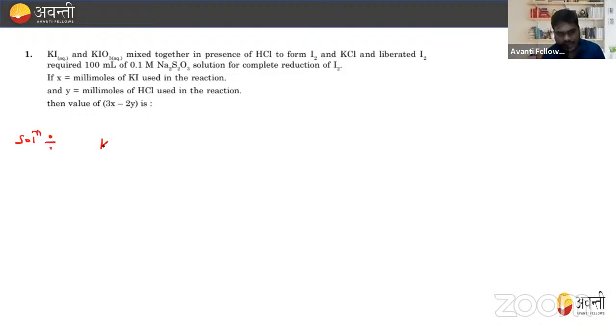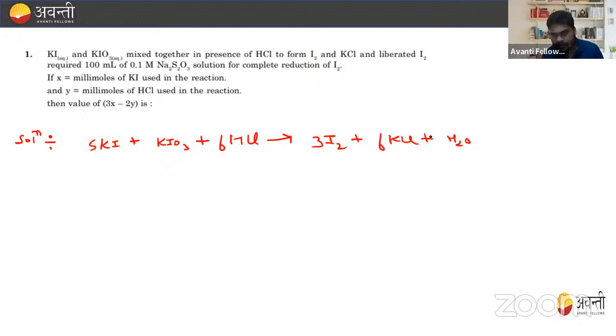When the KI is treated with KIO3 plus some amount of HCl, it will give I2, KCl, H2O. Let me write the stoichiometric coefficients. This is 5. This is 6 HCl. This is 3 I2, 6 KCl, and this is 3. Right? So this is 5 KI plus KIO3 plus 6 HCl gives 3 I2 plus 6 KCl plus 3 H2O.